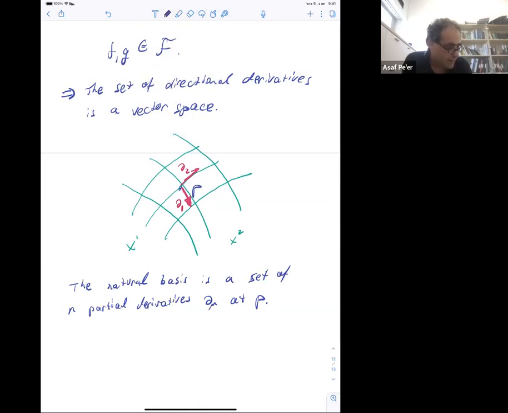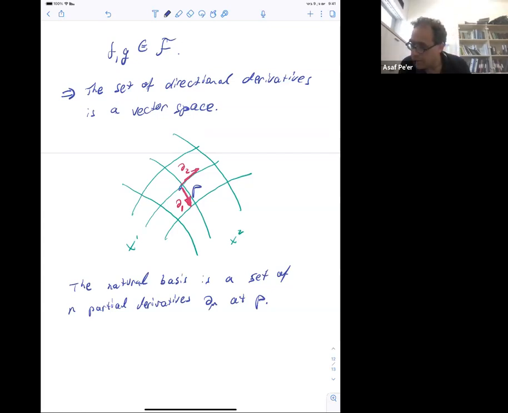And these define the directional derivatives along curves, which is in the direction of the coordinates that we chose, keeping all the other coordinates constant.